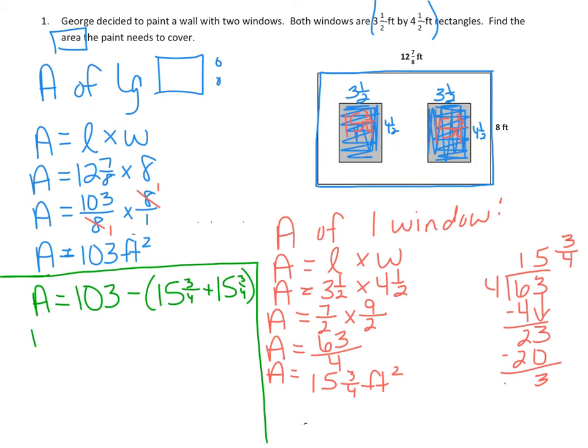Well, A is equal to 103 minus, well, 15 and 15 is 30. 3/4 and 3/4 is, oh, I solved that one before, 6/4, which is 1 2/4, which is 1 1/2. So 103 minus 31 1/2.